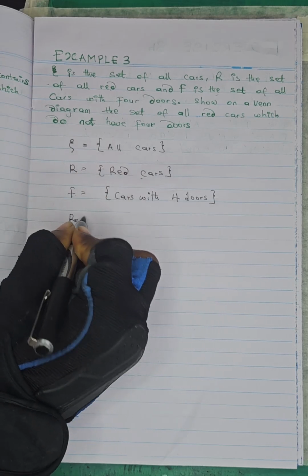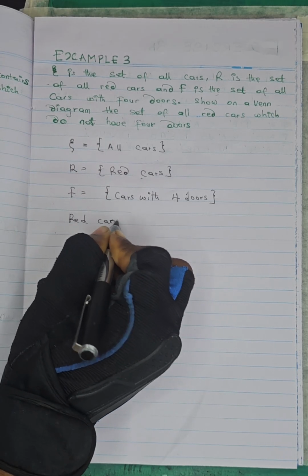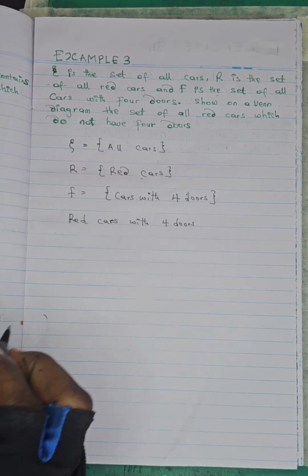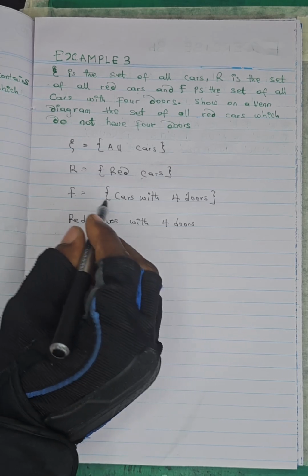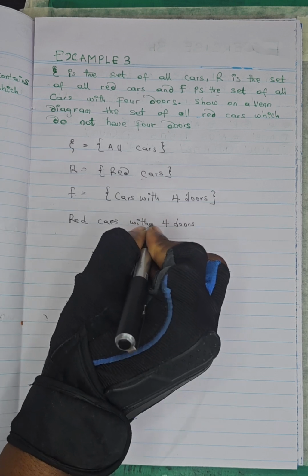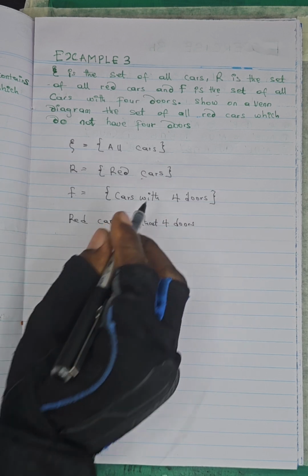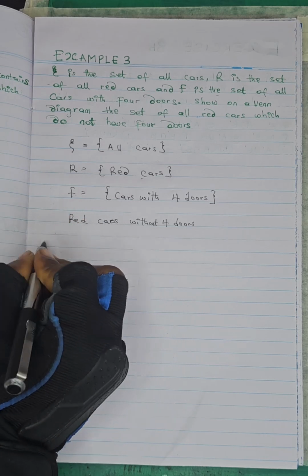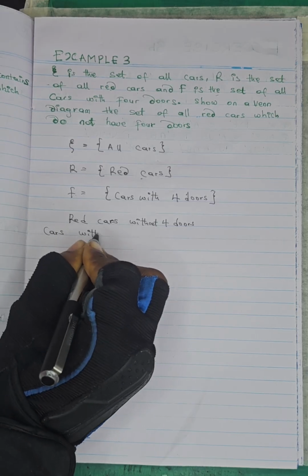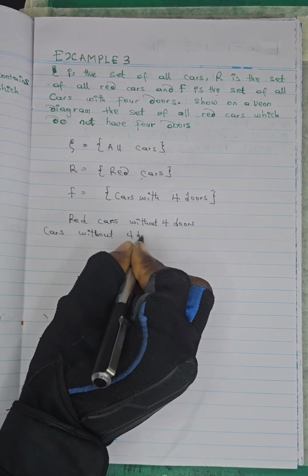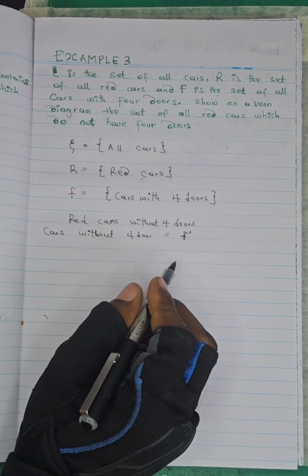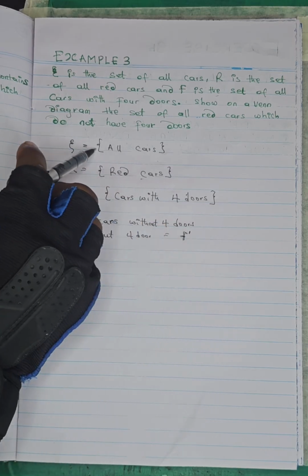So using our common sense here, we already know that if F stands for cars with 4 doors, we're looking for cars that do not have 4 doors. Cars without 4 doors simply means F complement, because F stands for all the cars with 4 doors. Any car that does not have 4 doors is a complement of F as regards the universal set.